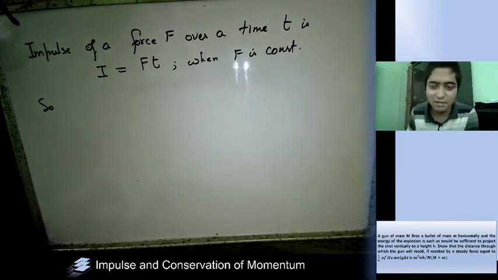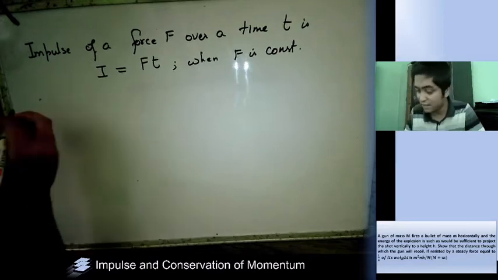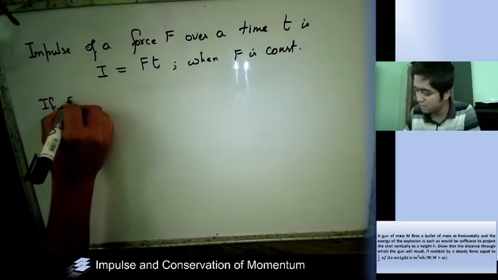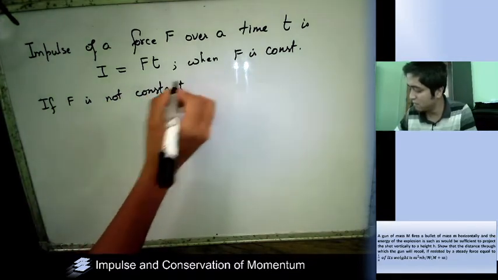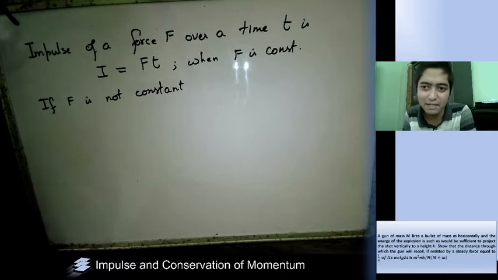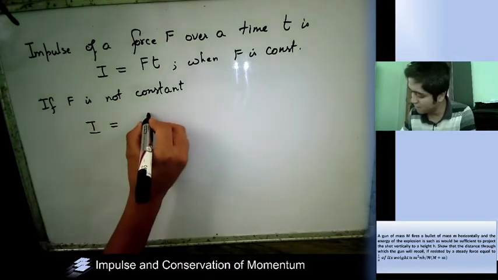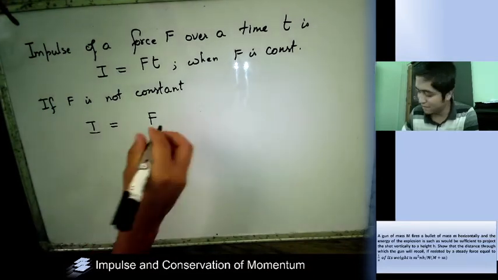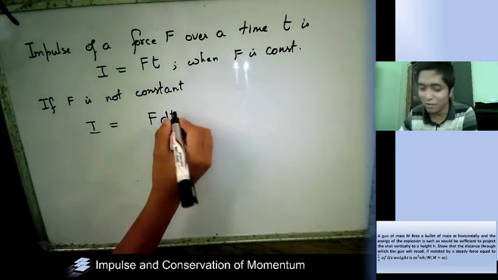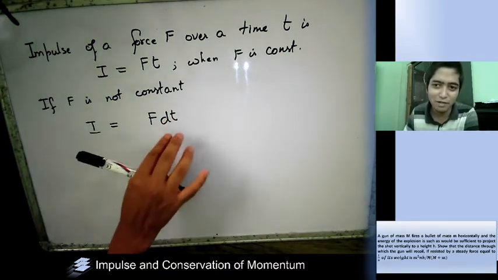But when F is not constant, we can assume that the force is again constant for a brief amount of time. F can be treated as constant for a small amount of time dt, so the impulse will be I = F dt for that small amount of time.